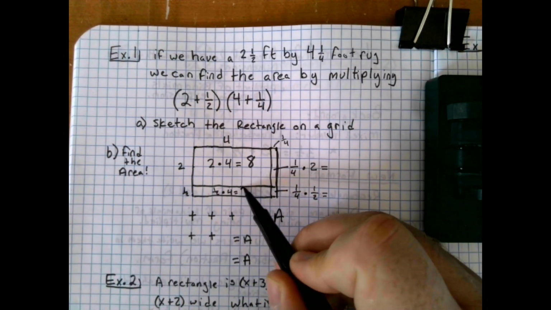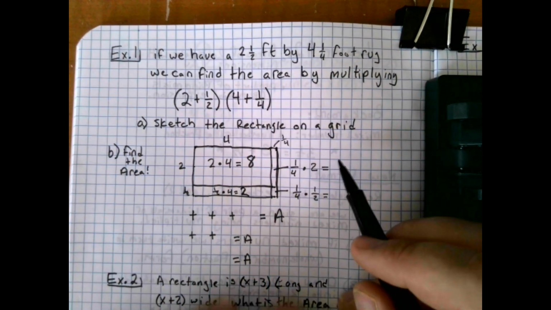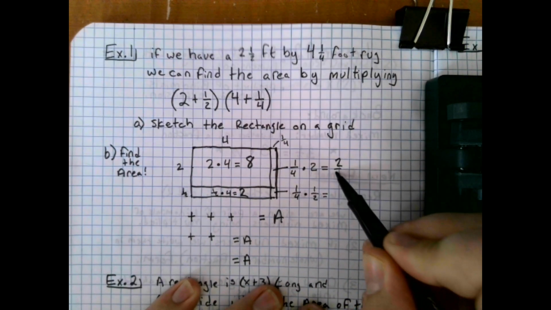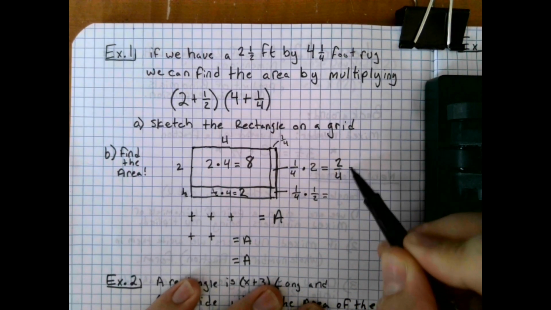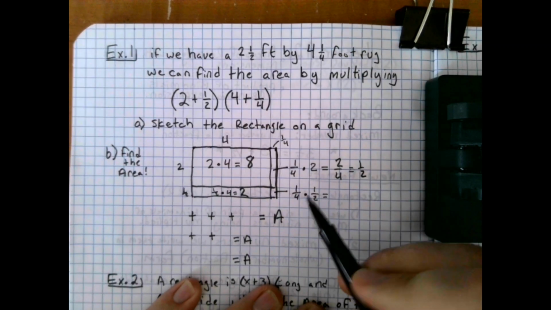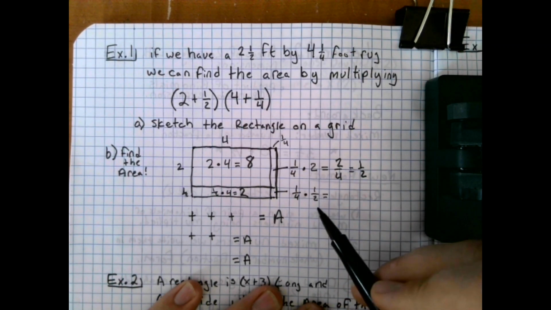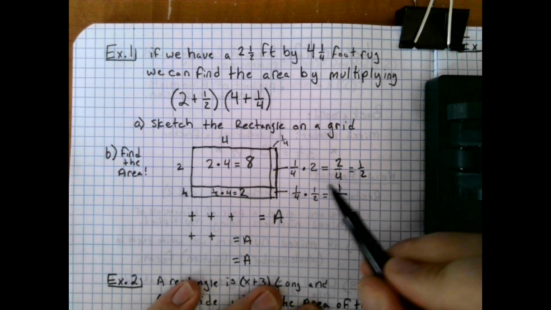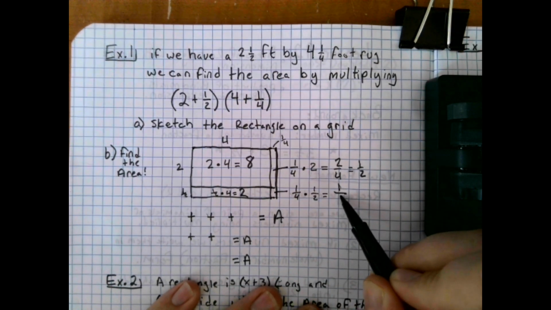Half of 4 is 2. This one's a little bit trickier. 1/4 of 2 would give us 2/4, or 1/2. 1/4 times 1/2 is going to give us 1 times 1, which is 1, over 4 times 2, which is 8.